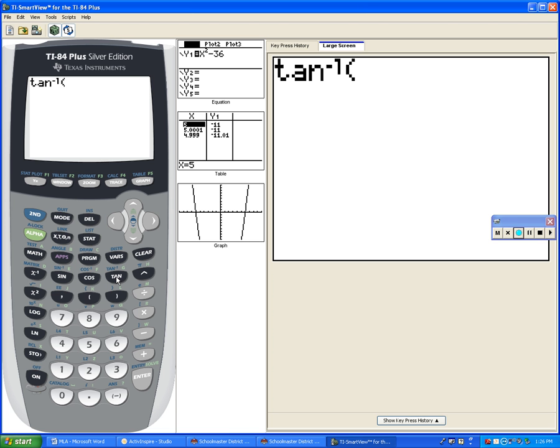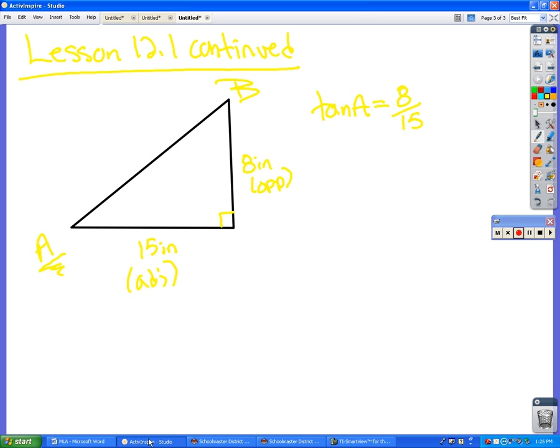Wait, what do you put in for like? Yeah, what do you think for it? What did the tangent equal? 8 over 15, right? And so basically what we're doing is we're trying to solve this equation for A, and the way you do that is by taking the inverse tangent of both sides. So the inverse tangent and the tangent cancel, and that leaves you with A equals the inverse tangent of 8 over 15.